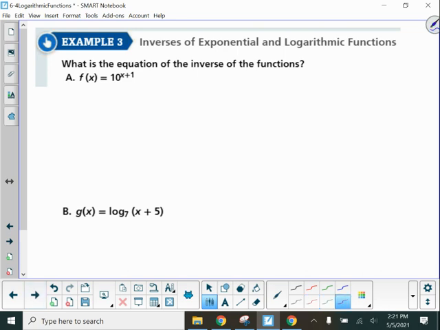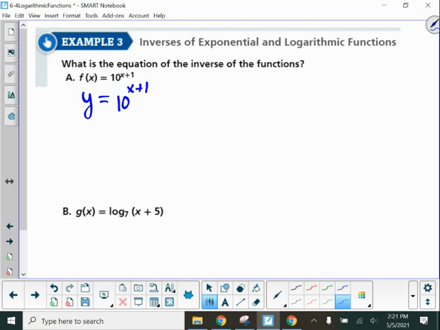Next, what is the equation of the inverse of the function? This is where we are going to swap the x and the y's and then resolve, and that will give us our inverse. The first thing you need to do is change the f of x in your problem to a y, or the g of x, or whatever function notation they give you.